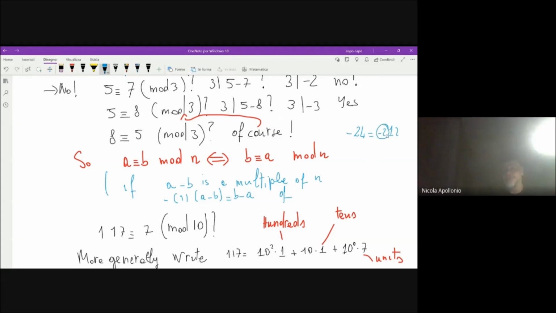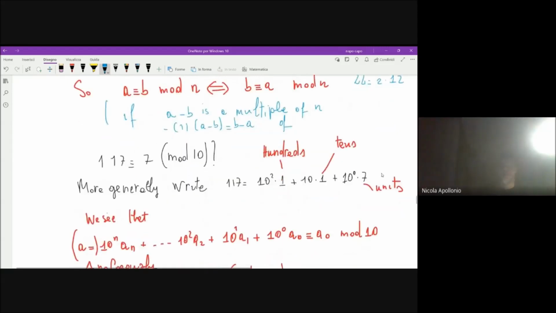It is minus 2 times 12, then 24 is a multiple of 12. It is 2 times 12. So, other examples.